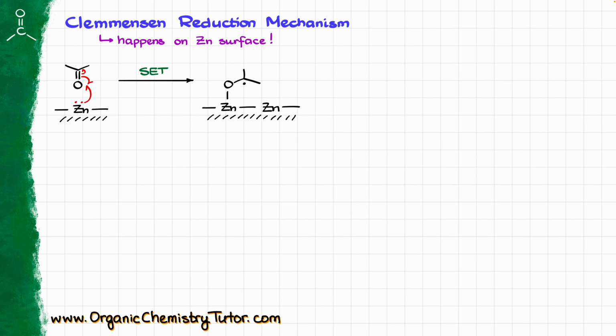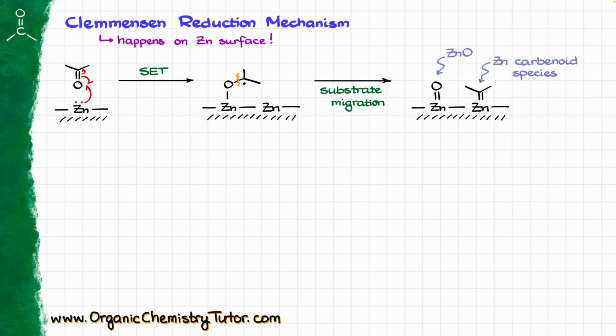Then somehow the carbon-oxygen bond is going to split up and part of our molecule without oxygen is going to migrate onto the other zinc atom that is sitting nearby, and as a result we're going to get zinc oxide and this zinc carbenoid species. The other variation of this mechanism would involve the formation of this three-membered ring with the zinc in the middle, and then we again split it into two, into zinc oxide and the zinc carbenoid.